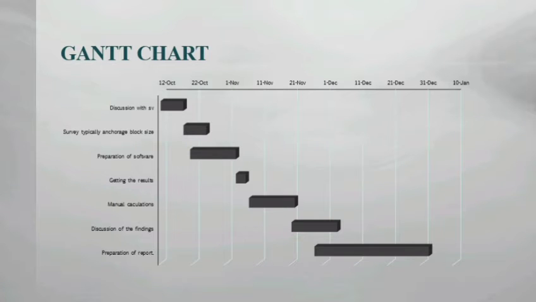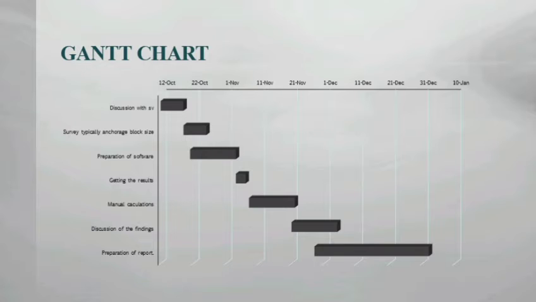This is the Gantt chart flow for the whole process of FYP 2. First, I discussed with my supervisor. Then the second process is surveying the typical anchorage block size.